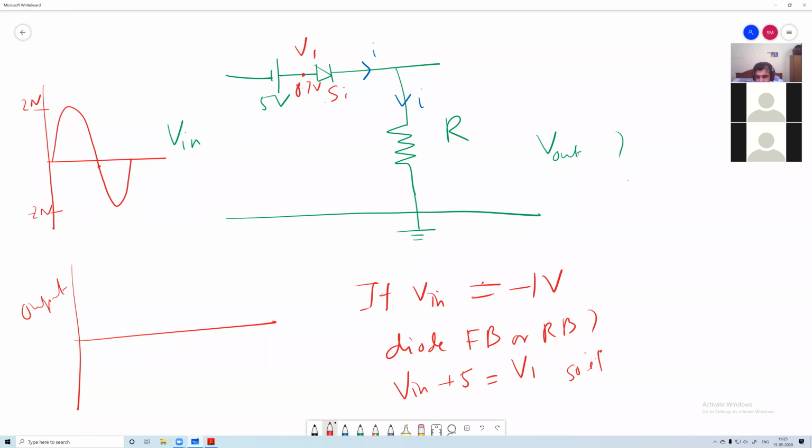So if V1 is greater than 0.7 volt, obviously V should be greater than minus 4.3 volt. So the diode would be forward bias if V is greater than minus 4.3 volt, and reverse bias otherwise. Is this point okay? Anybody else?